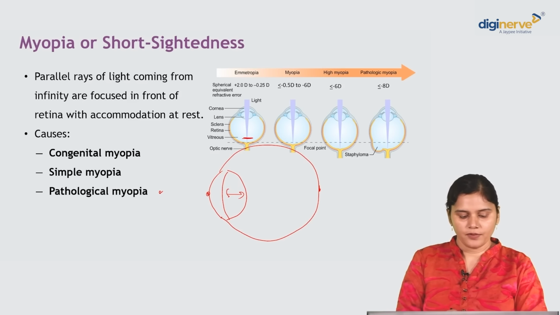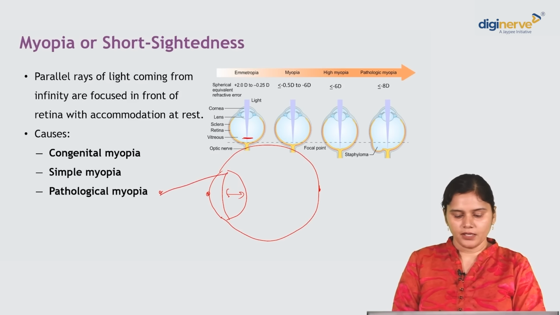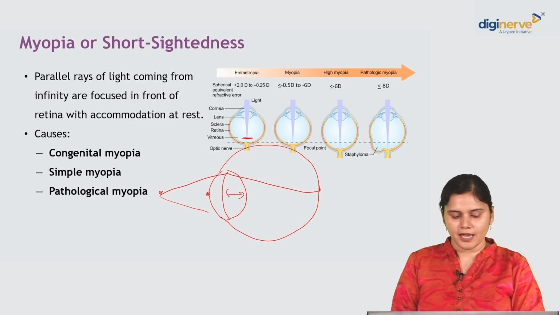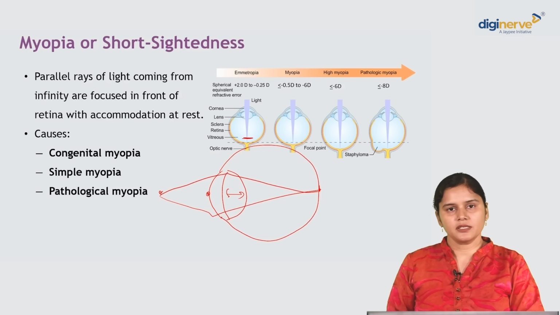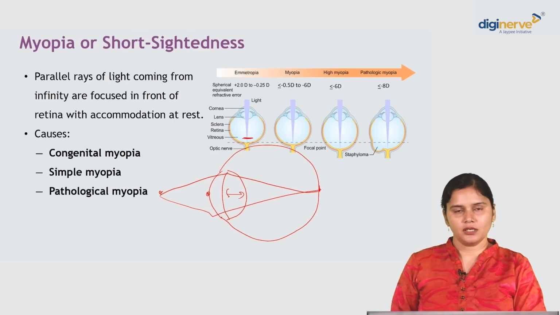So this is a very important factor in having good near vision as well as good distance vision when a person is younger. As a person's age increases, the deformity of the lens that can happen decreases because of thickening of the lens fibers and weakness of the ciliary muscles.